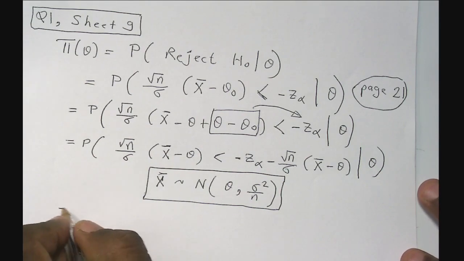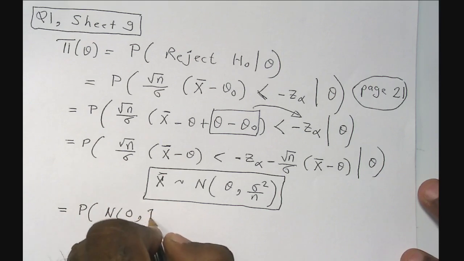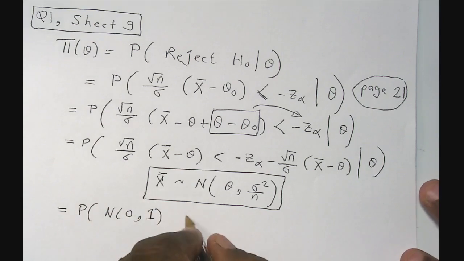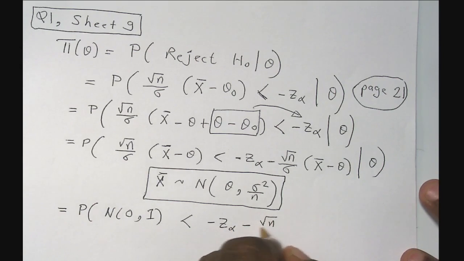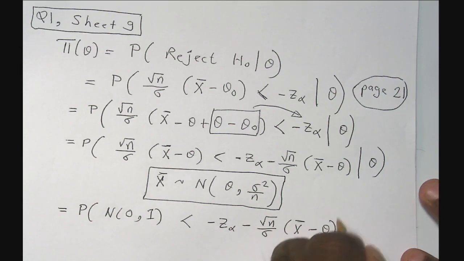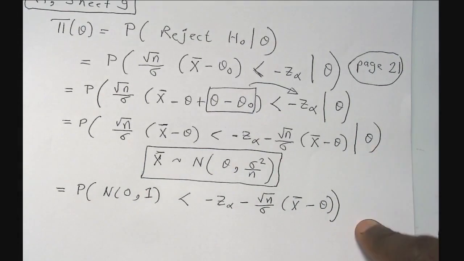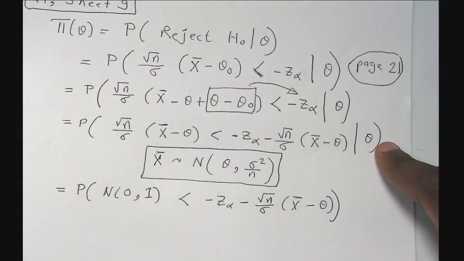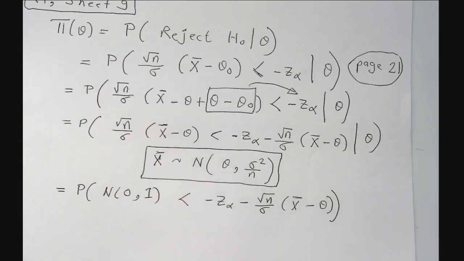So what you have is the probability that an N(0,1) variable is less than... now you will see the conditioning disappears here, because the conditioning that the true population mean is theta has been used to argue that this has a standard normal distribution, and therefore we don't need it anymore.